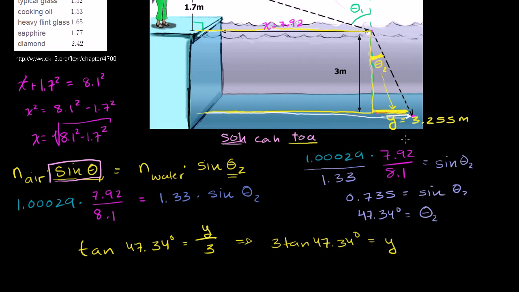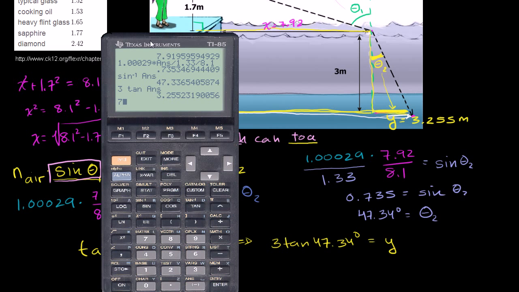So this distance right here, y, and we're at the home stretch, y is equal to 3.255 meters. Now, our question was, what is this total distance? It's going to be this distance, x plus y. x was 7.92, and I'll round here. So it's literally just going to be 7.92 plus our answer just now. We get about 11.18, or maybe if we want to get the same number of significant digits that we started with, 11.2 meters.